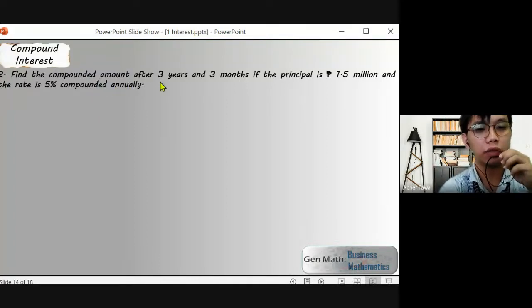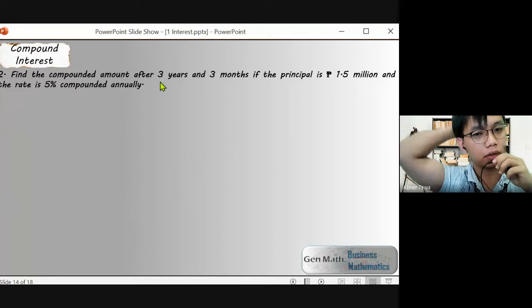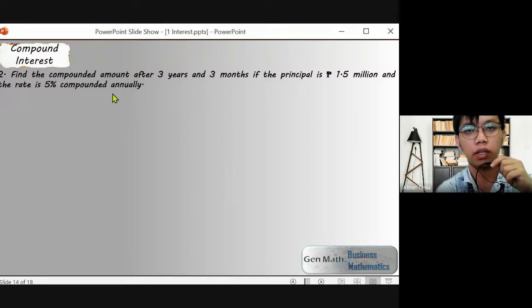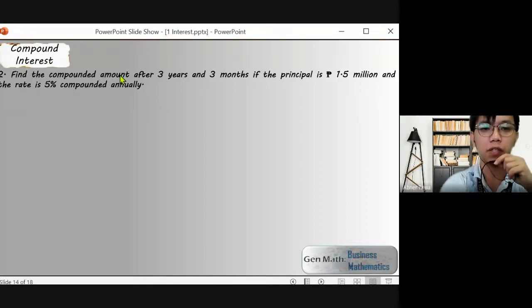So we are going to have here the second example. And of course, we need to first understand and comprehend the given problem. Because if we do not understand the problem, of course our solving will be wrong. We are going to identify the given incorrectly, and of course if our given is wrong, our solution will also be wrong, and it follows that our final answer and conclusion will be wrong too.